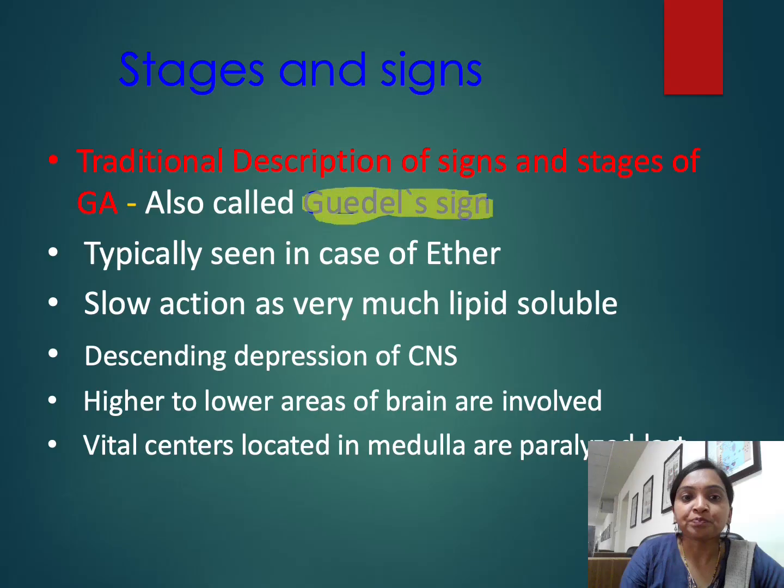These 4 stages are mainly seen when we give ether. It has slow action, as it is more lipid soluble, the action is very slow. And there is always descending depression of the CNS, and the vital centers which are present in the medulla will get paralyzed at the last.